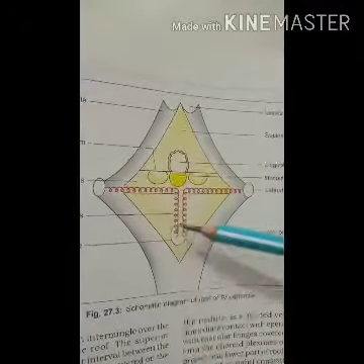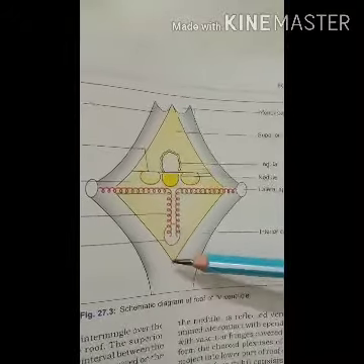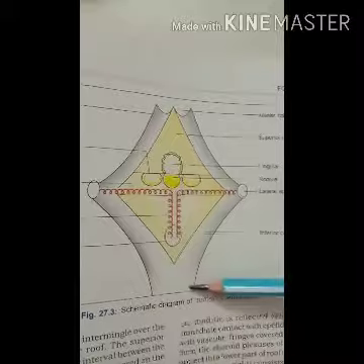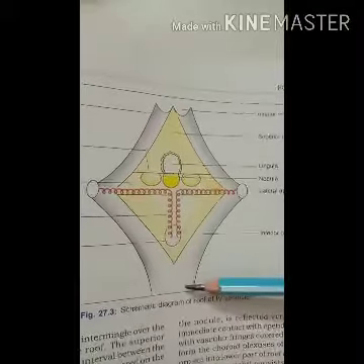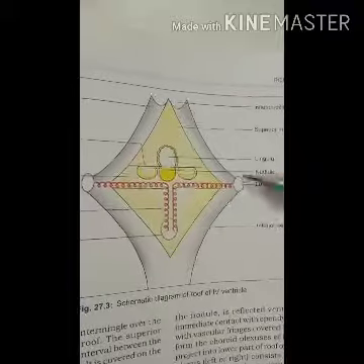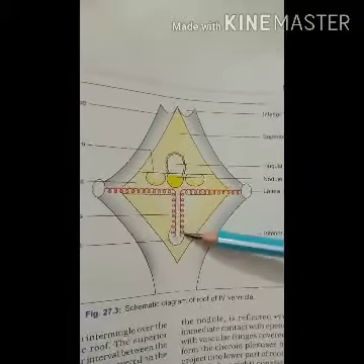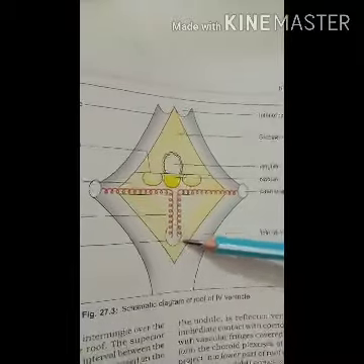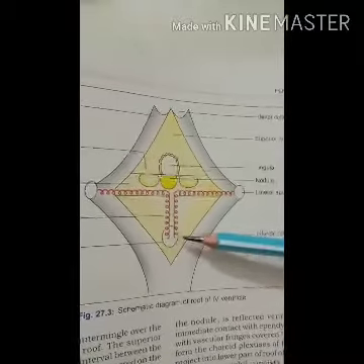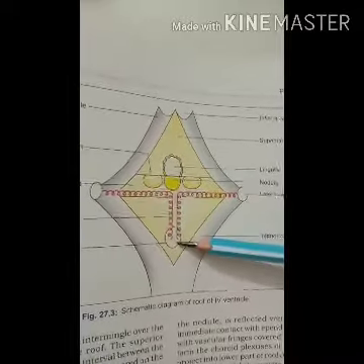The median aperture of the fourth ventricle is also known as the foramen of Magendie. It is situated caudal to the nodule, below the nodule, and the opening provides the principal communication between the ventricular system and the subarachnoid space.